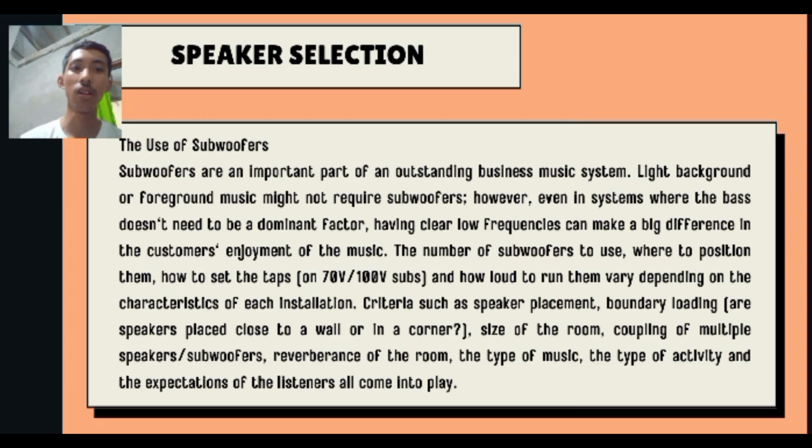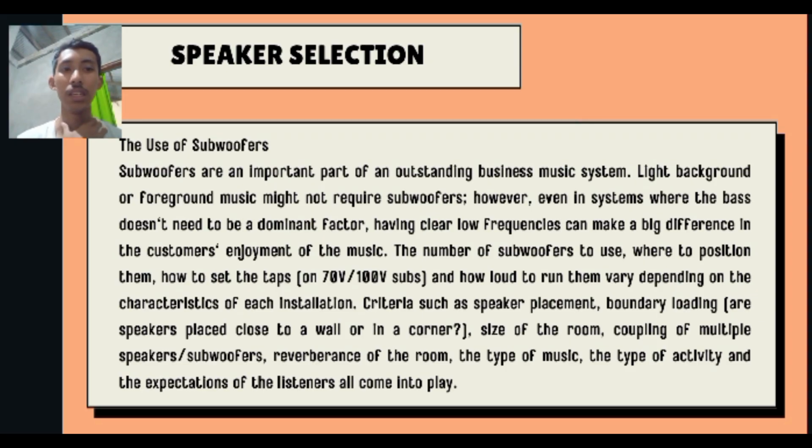The number of subwoofers to use, where to position them, how to set taps on 70-volt or 100-volt subs, and how loud to run them varies depending on the characteristics of each installation.